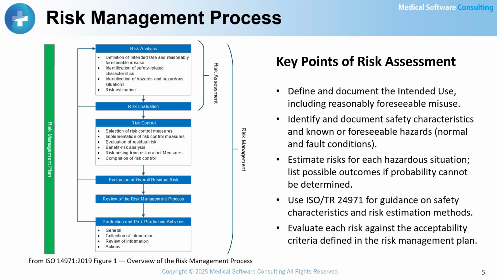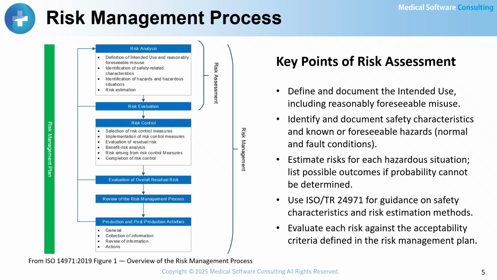Based on intended use, reasonably foreseeable misuse, and the safety characteristics, you must identify all known and foreseeable hazards, both in normal and fault conditions, and document them. For each hazardous situation identified, you must estimate the risk. If it's not possible to estimate the probability of occurrence, you should at least list the possible outcomes.